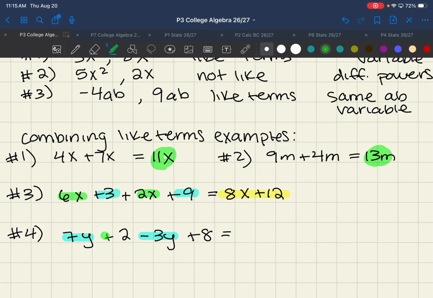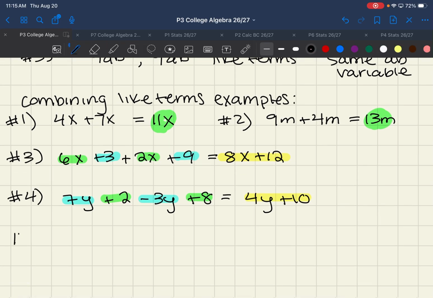Then we have 2 with 8. So 7y minus 3y becomes 4y, and 2 plus 8 is 10. That's our answer. Can I simplify that further? Can I add 4y to 10? No, because they're not like terms.